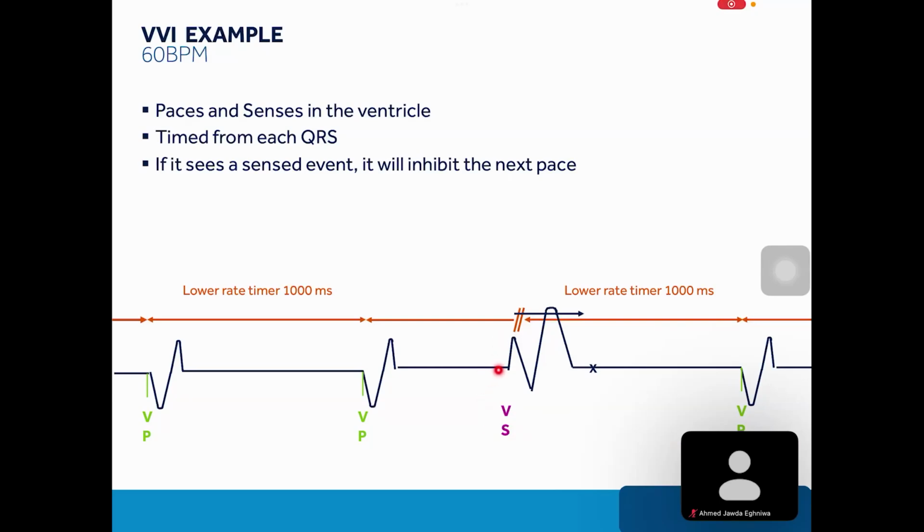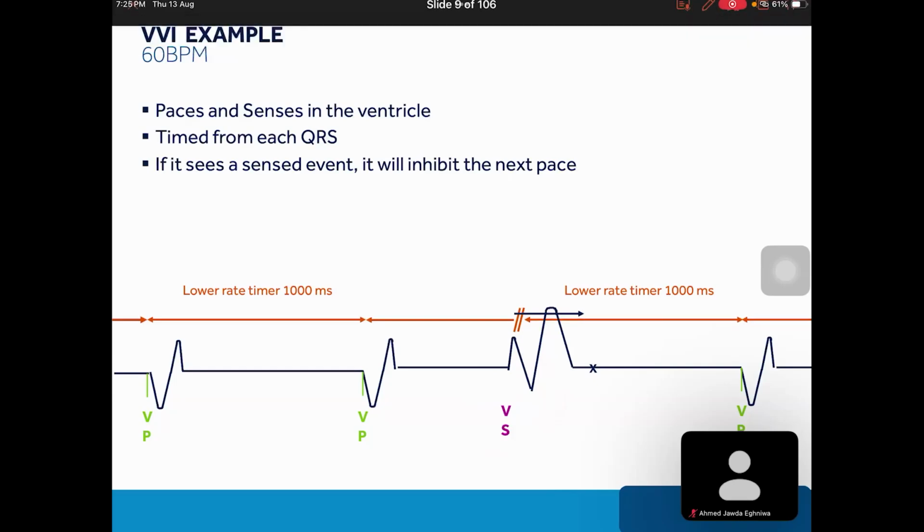Because of inhibition of pacing, he was in VVI mode, and this beat is not a true beat. It is an oversensing beat, noise in the RV lead, and you are convinced that it is not a true beat. It is noise that inhibits the pacing.